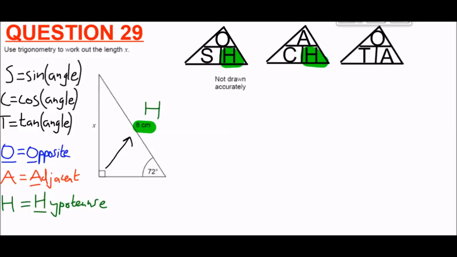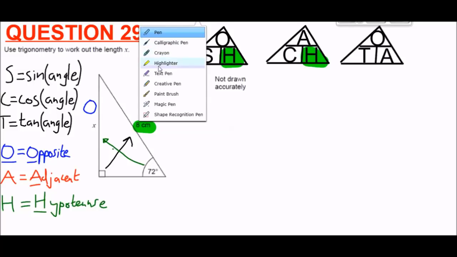Now the opposite side is the side which is opposite to the angle we're talking about. The angle we've been given, apart from 90 degrees, but trigonometry can only be used for 90-degree angles. So the other angle we're interested in, the angle we've got here is 72, and opposite this angle is x, and so the opposite side is x.